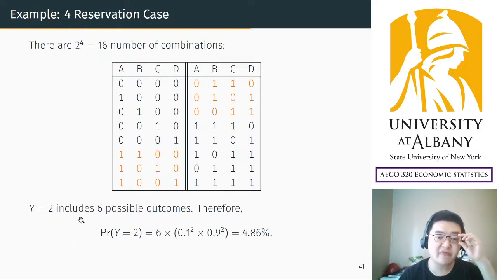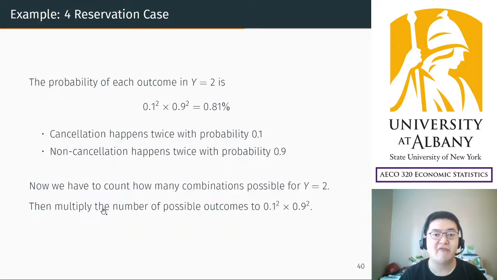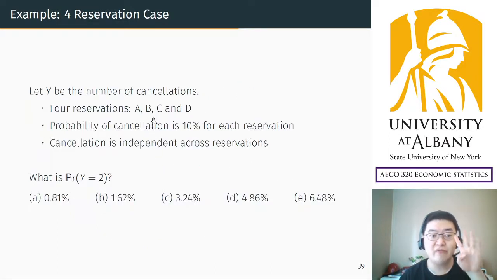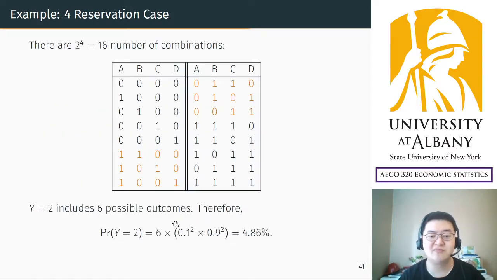But where is this number from? There are only four reservations, and we are interested in two cancellations, and the probability is 10%. Where is six from? Six is two times three, but we did not have three at all in our analysis. So that makes this problem more complicated and counterintuitive.